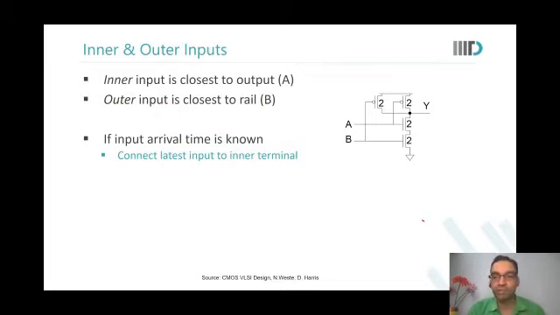Experiment, you will see. You were saying that the input closer to the output should arrive the latest, right? For a NAND gate, yes. Whichever input has the shortest delay should be designed to be arriving last in your path.